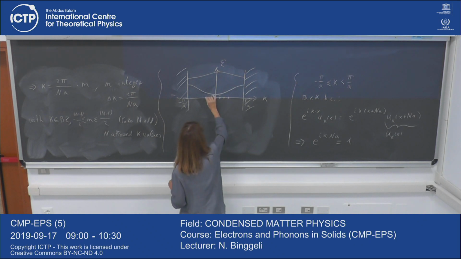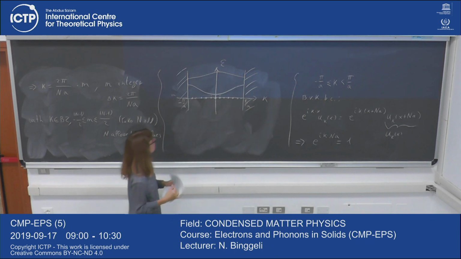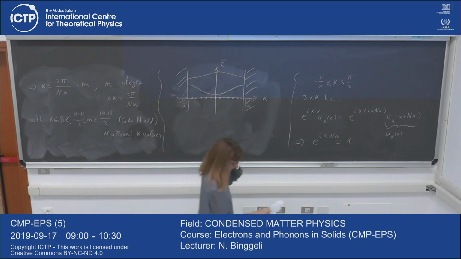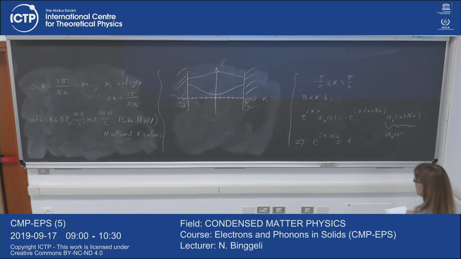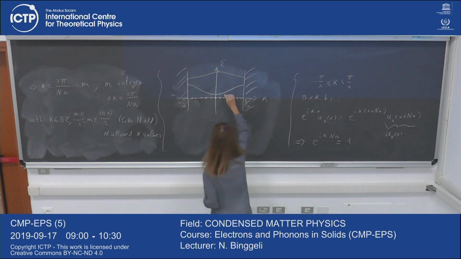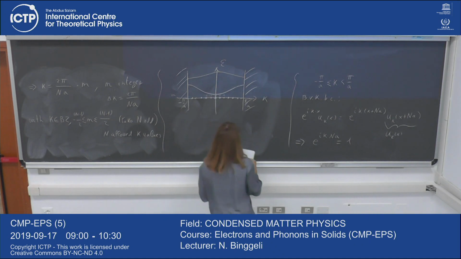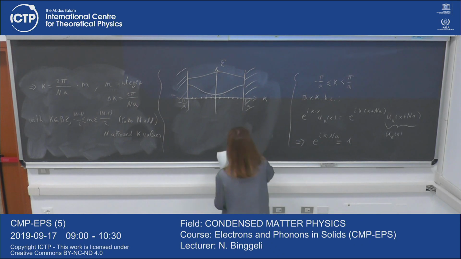I have a regularly spaced grid of k points. I should have exactly N points inside my Brillouin zone. So this is m equal to minus 2, and so on. And this gives me the k points.